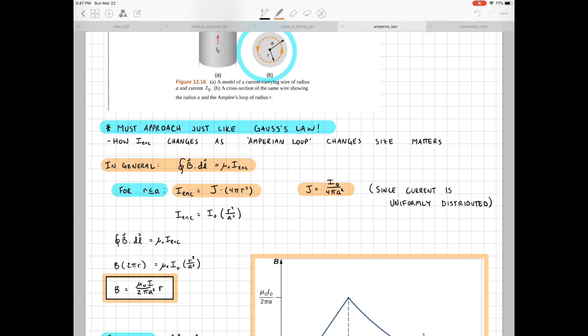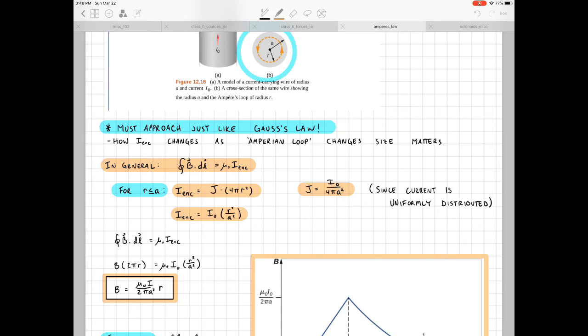And so I enclosed then is the current density J multiplied by how much of the wire you're actually enclosing with your Amperian loop. And so I enclosed is just going to be I naught multiplied by the ratio of r squared and a squared.